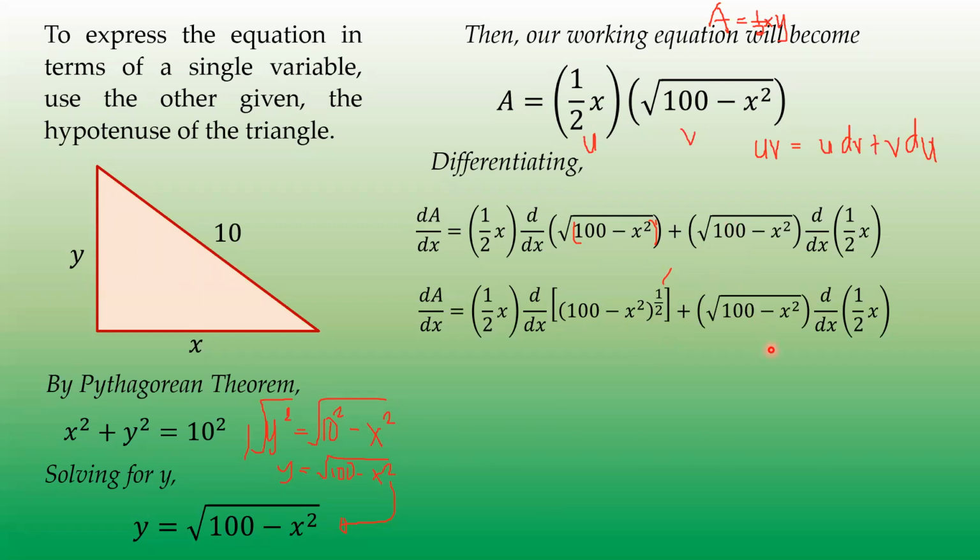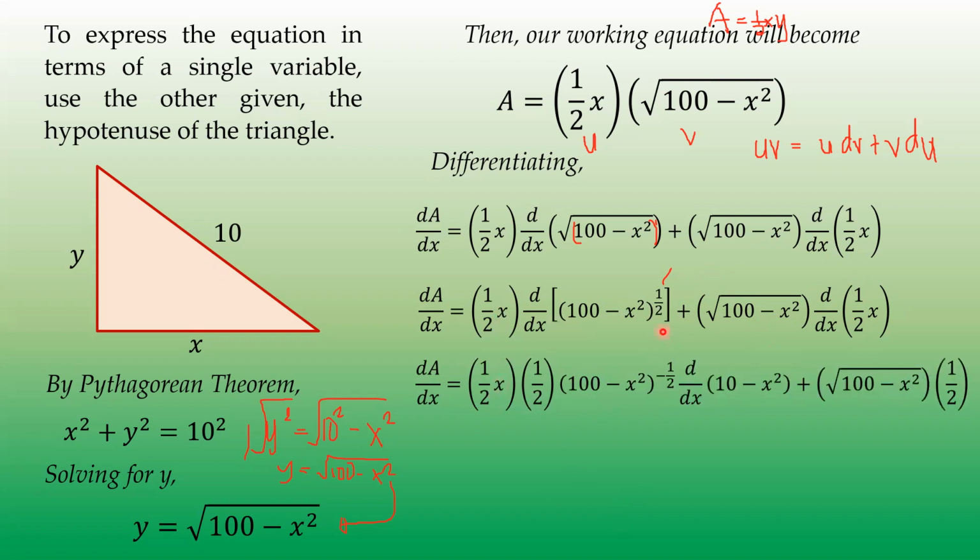Plus, ito, rewrite lang natin. Then derivative of 1/2 x. Applying derivative formulas. So we have 1/2 x. Ito ay general power formula. Ito ay u raised to n. Ang n mo yung 1/2. Ano ba yung ginagawa doon? n times u raised to n minus 1, and we have derivative of u.